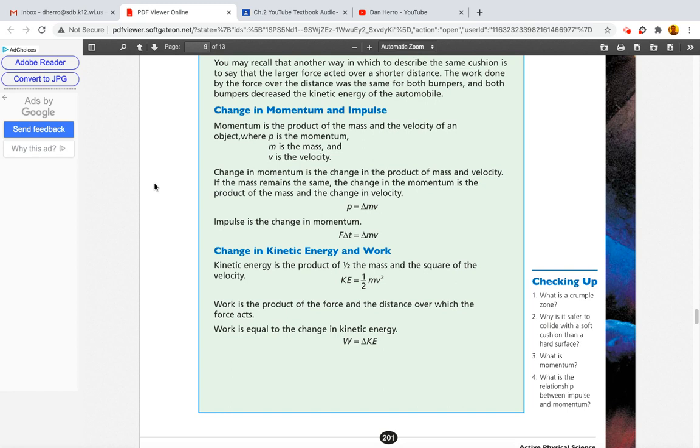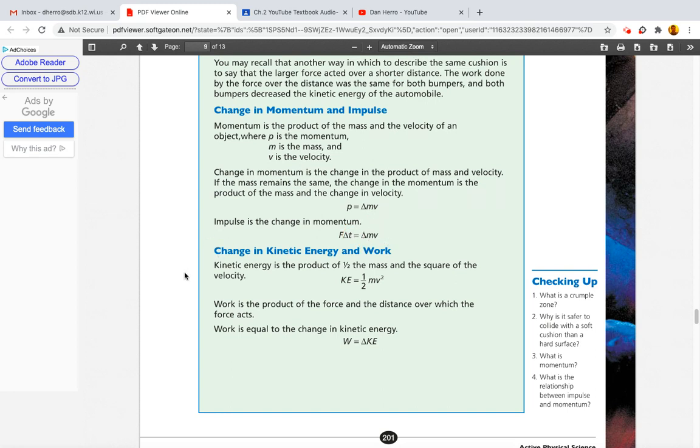If the mass remains the same, the change in the momentum is the product of the mass and the change in velocity. Impulse is the change in momentum. So your force times the change in time equals the change in the mass times velocity.